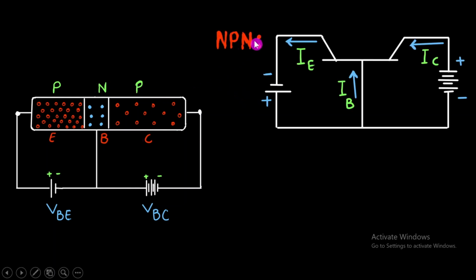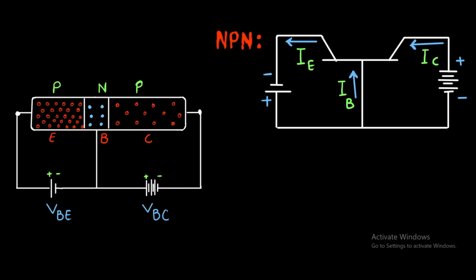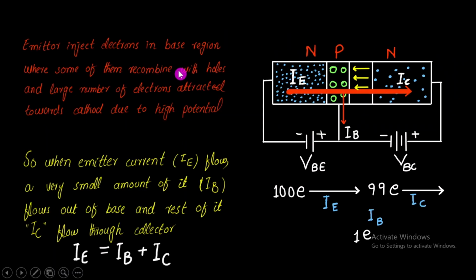On the other hand we have the NPN transistor, and this is the circuit diagram. For that we have the same scenario which I have discussed here. These are the positive and negative, and now if we compare this with the previous diagram, in this NPN the current is opposite to that of the other one.